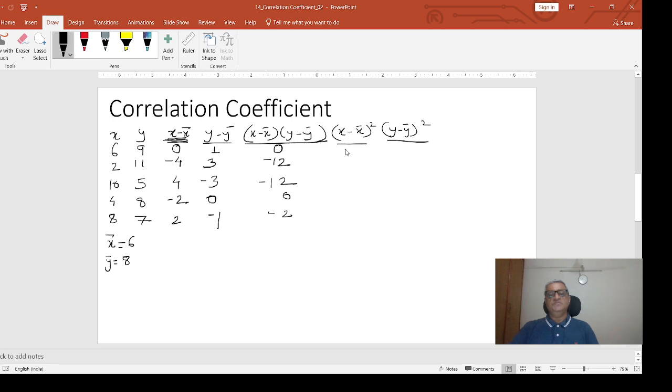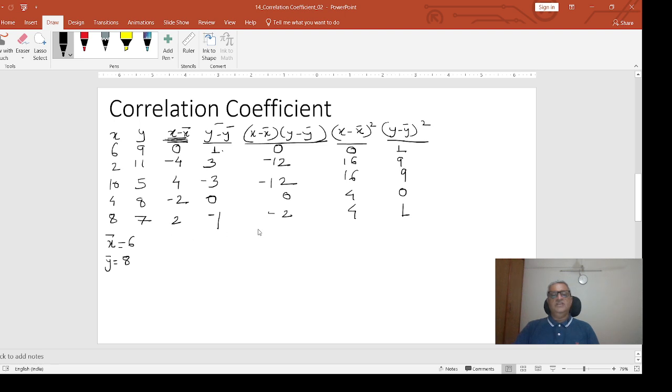Square of this column: 0 square is 0, minus 4 square is 16, 4 square is 16, 2 square is 4, minus 2 square is 4, 2 square is also 4. Now the square of this column: 1 square is 1, 3 square is 9, minus 3 square is 9 again, 0 and 1.